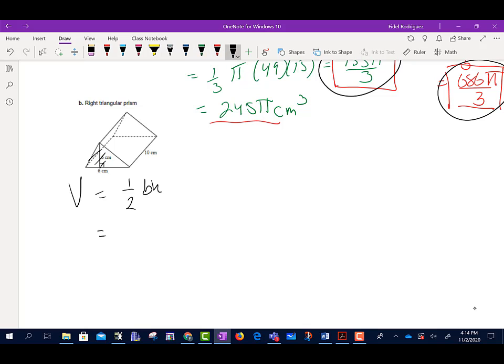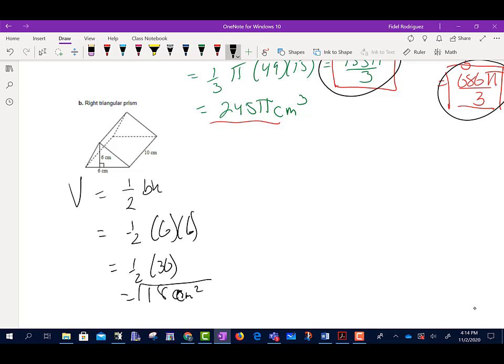So we're going to take 1/2. The base is 6 centimeters. They're both 6. Okay. So 6 times 6, this is going to be 1/2 times 36, which is 18, centimeters squared.